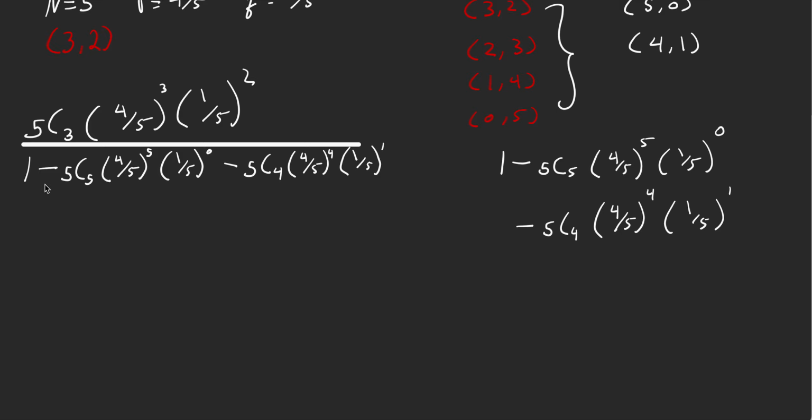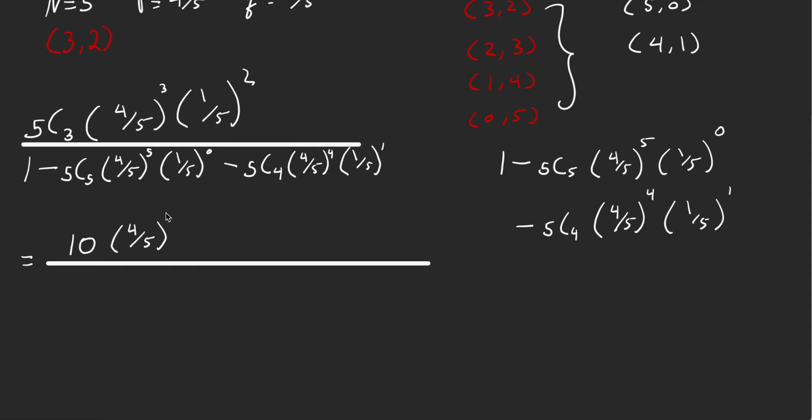So how can we calculate it? Well, step by step, you know how it is. So 5 choose 3 is 5 times 4 divided by 2, which is 10. And then we have 4/5 to the 3rd, 1/5 to the 2nd.